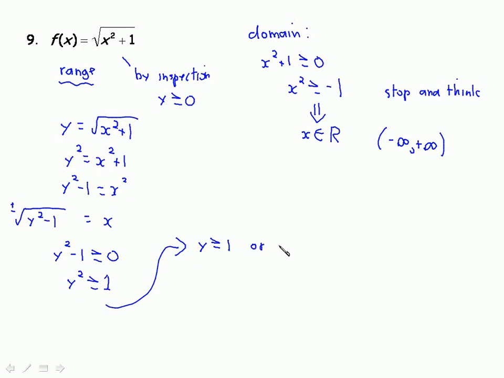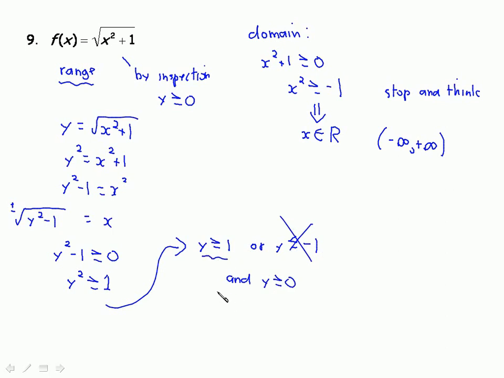But we also have to be aware that y could be less than or equal to negative 1, because negative 1 squared is positive 1, negative 2 squared is positive 4, greater than that 1 value. The problem is we also have to satisfy y is greater than or equal to 0. So this is impossible. You cannot be both less than negative 1 and greater than or equal to 0.